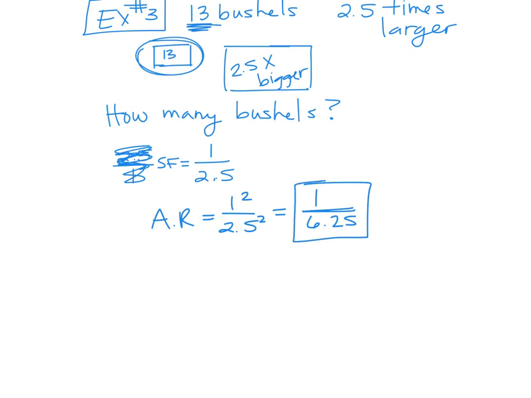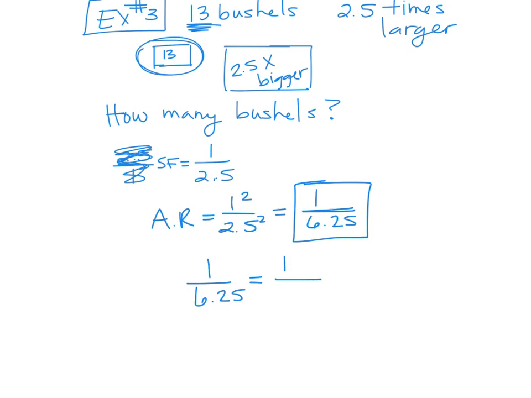How do I figure out how many bushels we would get the next year if we harvested 13 the first year? What do you do? Right. So this is an area ratio. You have your area ratio. You set it equal to your 13 bushels, which was the area of the smaller one.